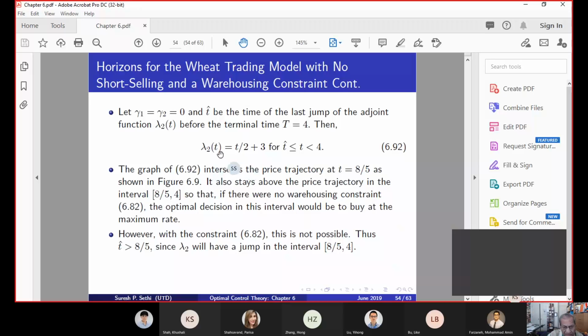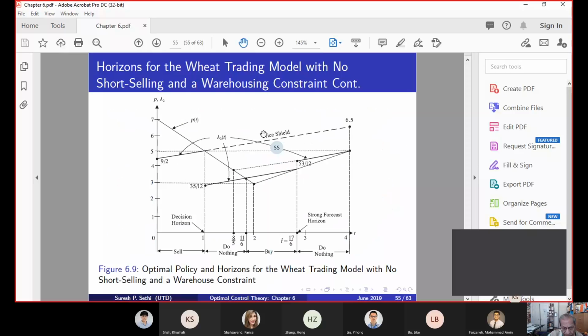Let's see, we can come back here, but let's see what we're trying to do. Here's what I'm trying to do. This is my forecast. I have 4 periods now instead of 3.